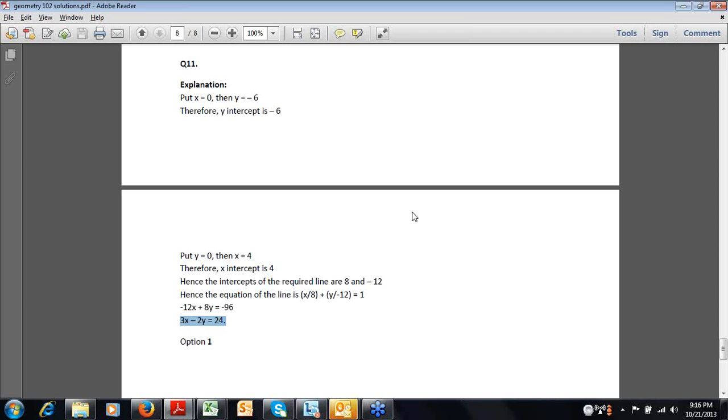Now you find out the y-intercept of it. How can you find out the y-intercept of a line? Put x is equal to 0. That will be y-intercept. Let me draw a figure and tell you. Okay. This is a line. Suppose x by a plus y by b is equal to 1. This is the line.